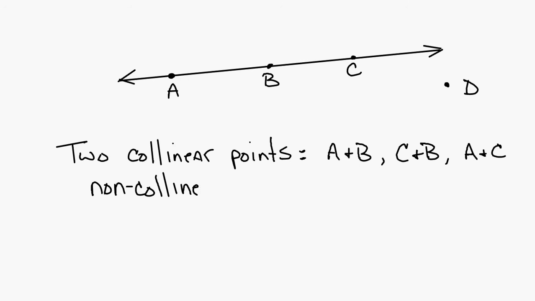Non-collinear would be A and D. Another pair of non-collinear: B and D, C and D. Any two that are not on the same line. Any questions so far?